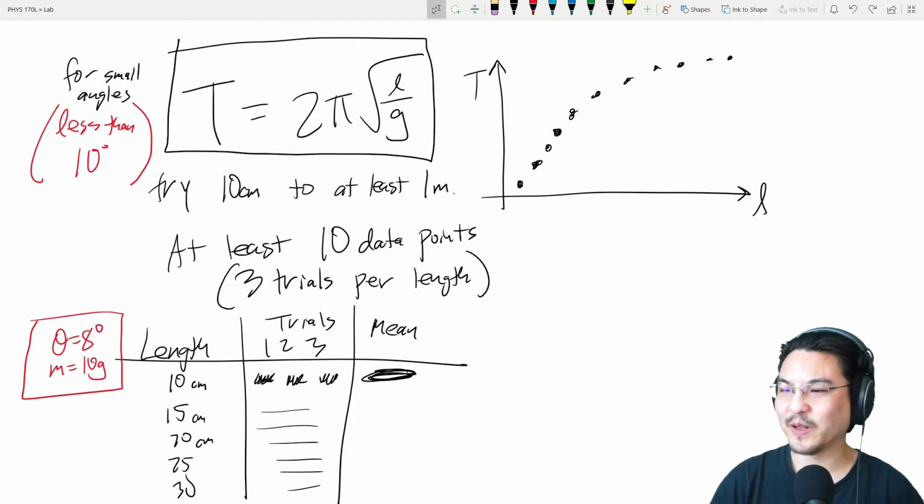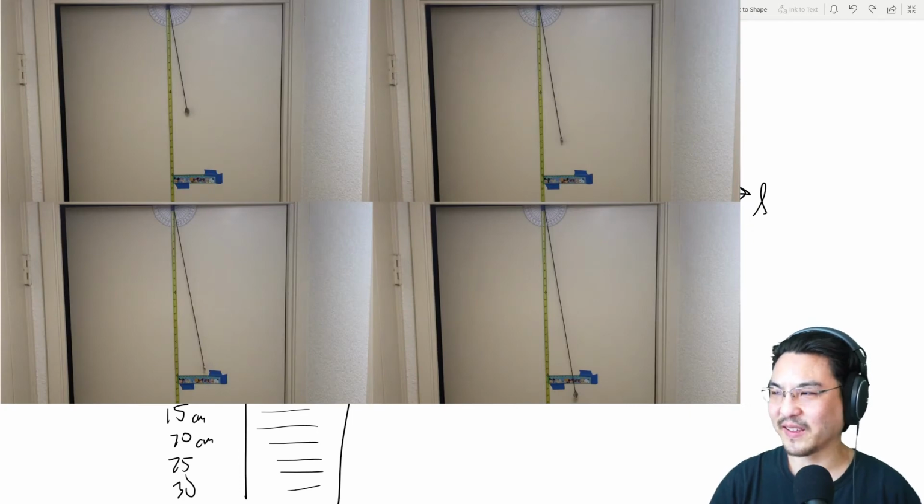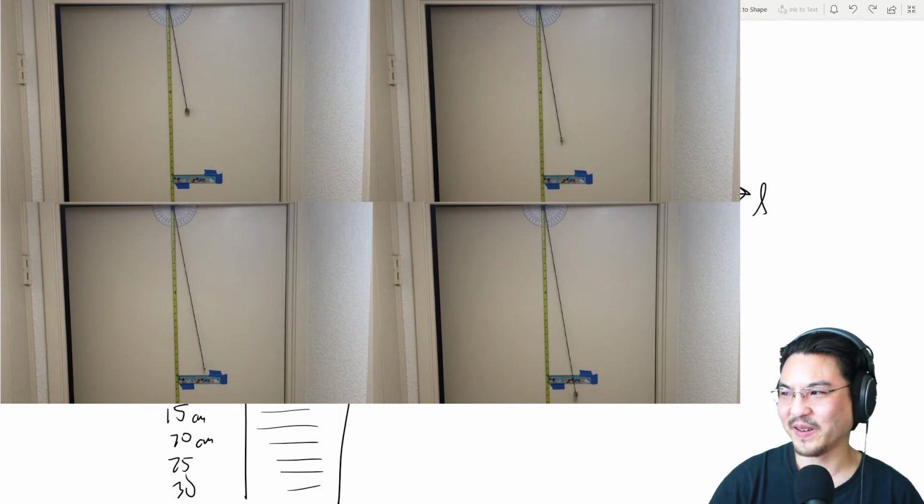So I'm not sure how helpful this is, but I have 4 different lengths set up here at the same time on the screen. And then we expect the period to be different for each this time, right? And the longer string should have the longer period. And then I'm running this at half speed.